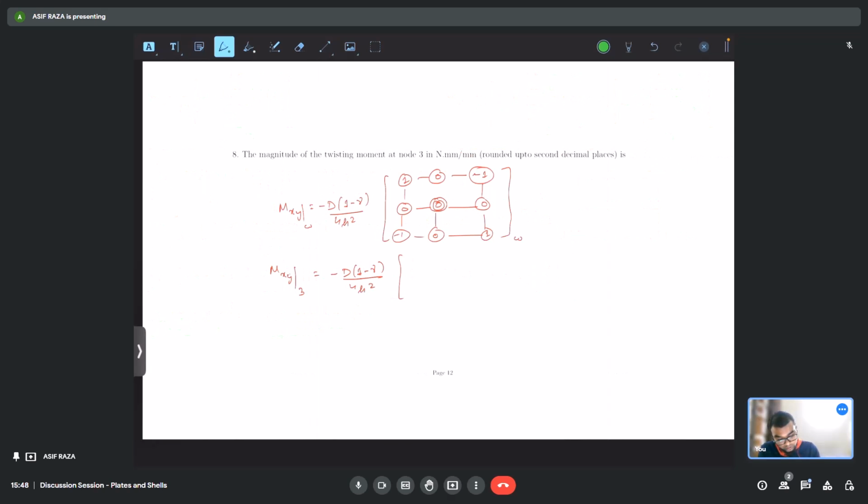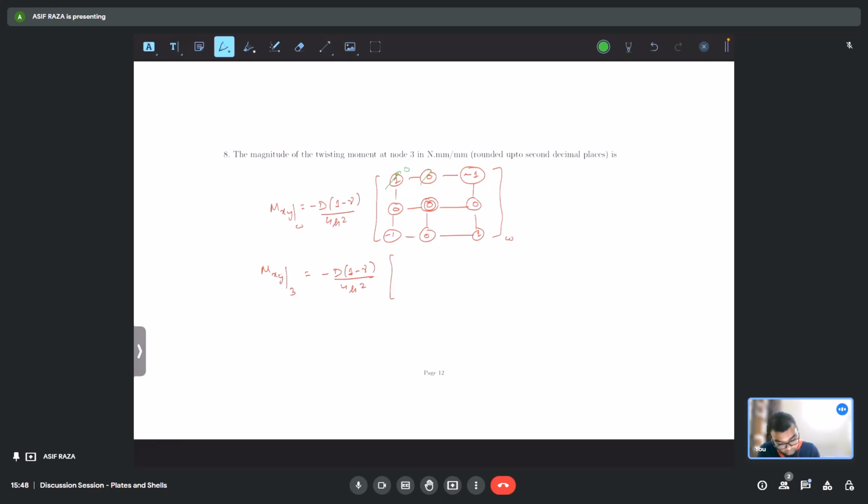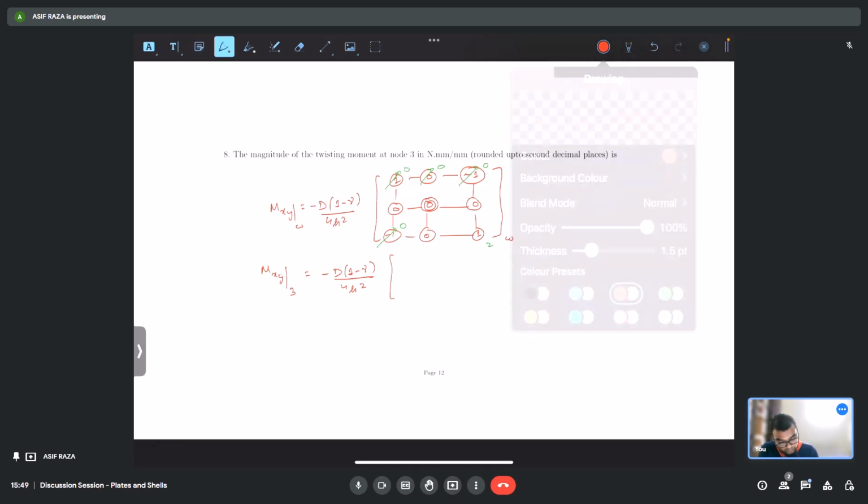So these values are 0, 0, 0, 0, and this would be 2.